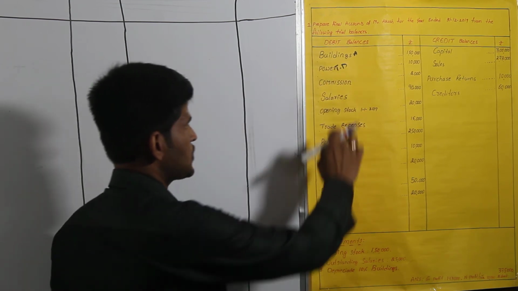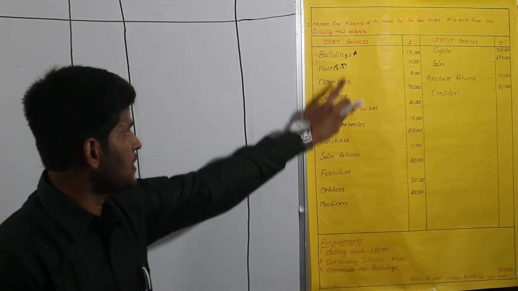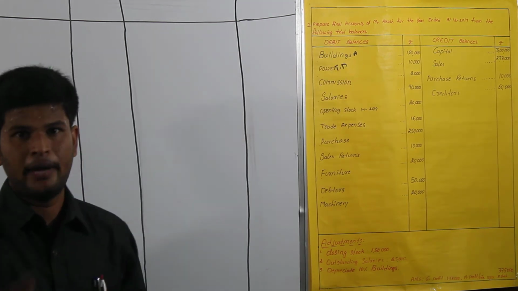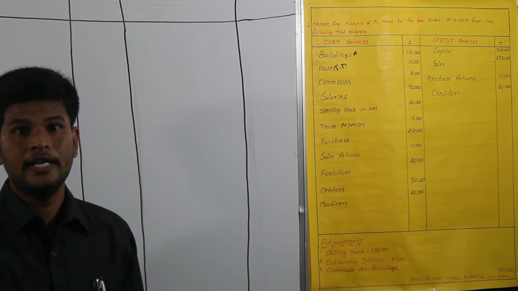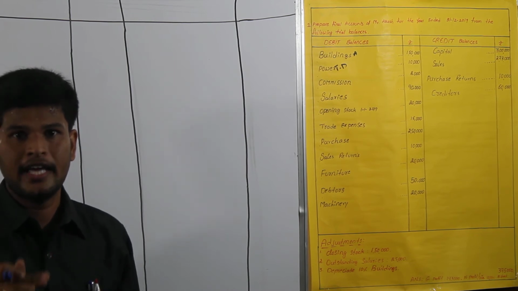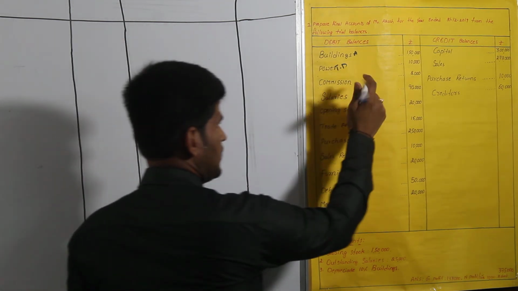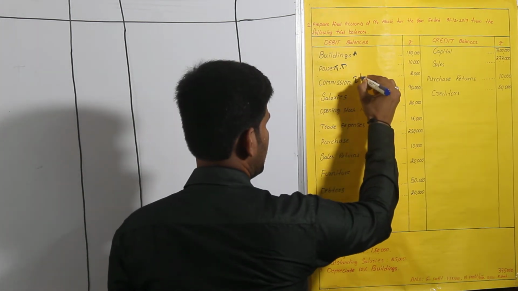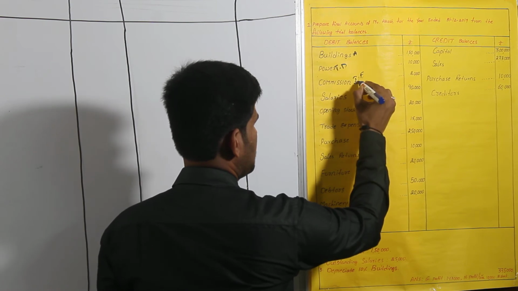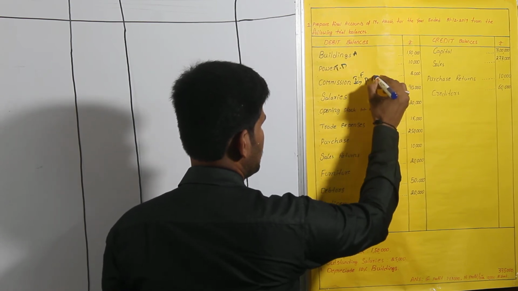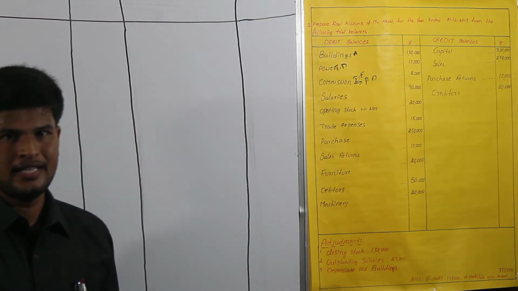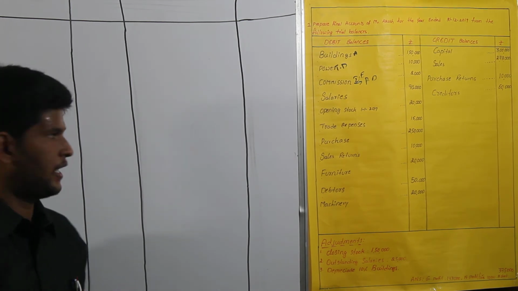Next one, commission. Commission is given on the debit side, that is, paid. All payments are called indirect expenses. All indirect expenses go to the profit and loss account, debit side. P dot D means profit and loss account, debit side.